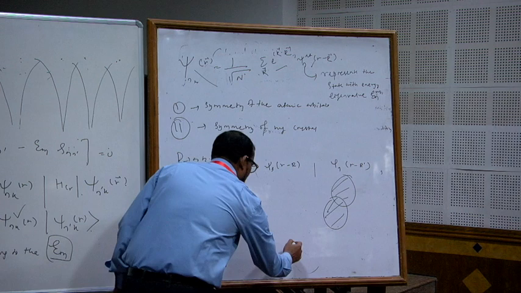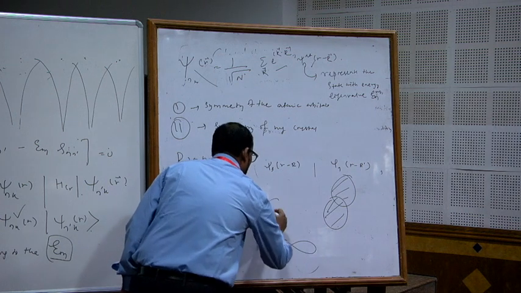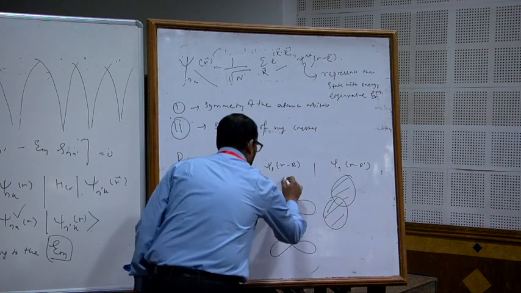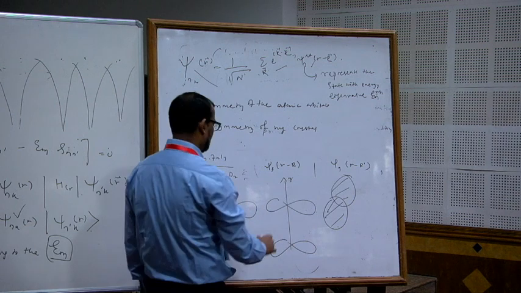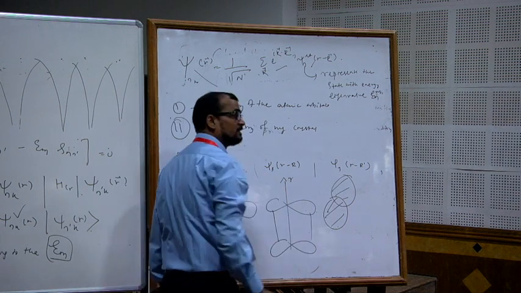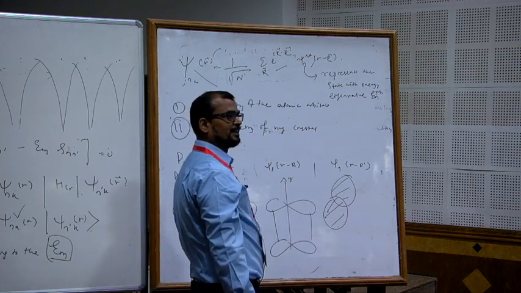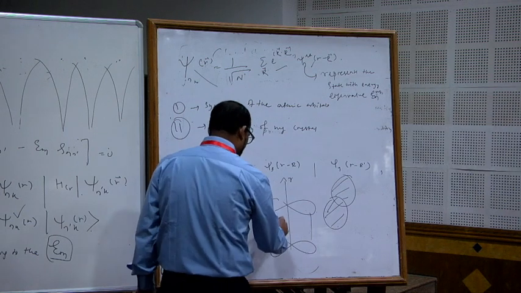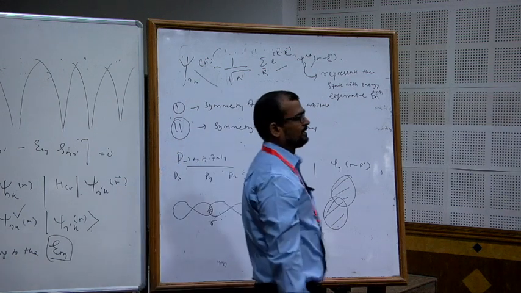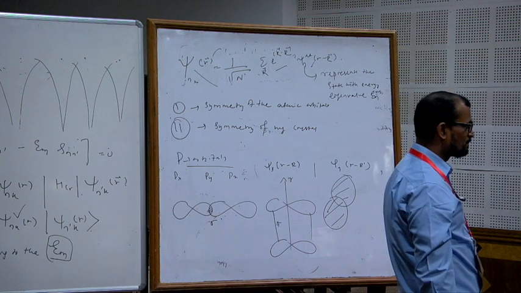But at the same time, you take this px orbital, but the other atom lying along the y-axis, so their overlap is weak, and hence their interaction will also be weak. It's sometimes called pi.